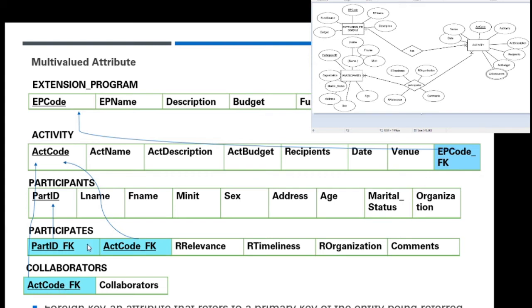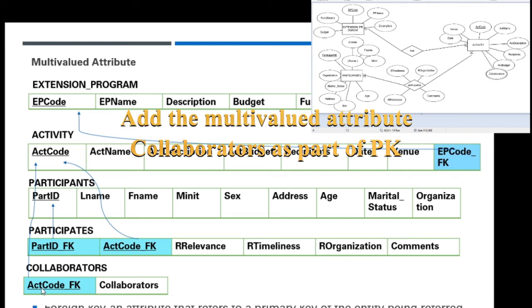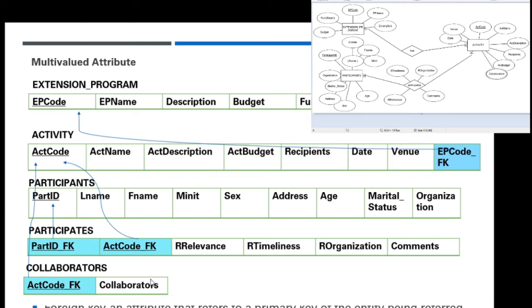And the primary key of the relation where it came from, which is the activity, will be your primary key and at the same time your foreign key. This is act code underscore FK, which refers to act code of the activity. And you have here the collaborators. So this is how the multi-valued attribute is created in the relational schema.